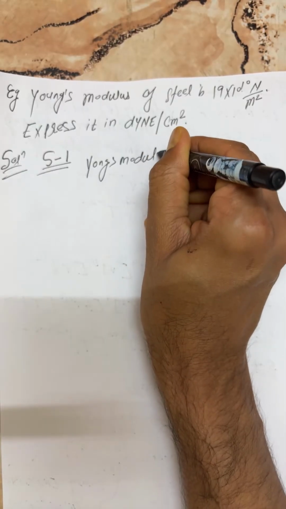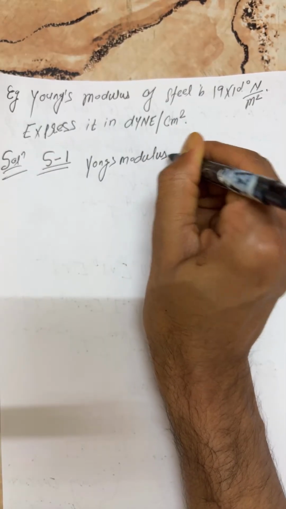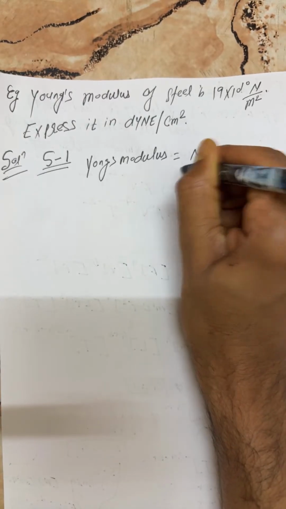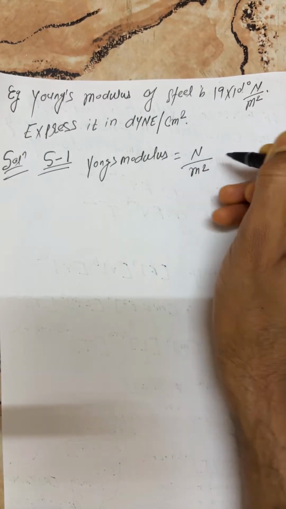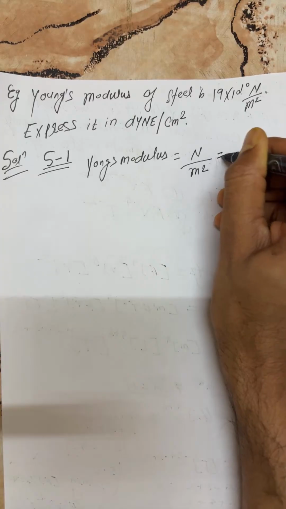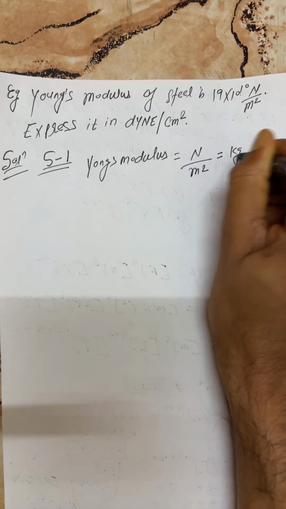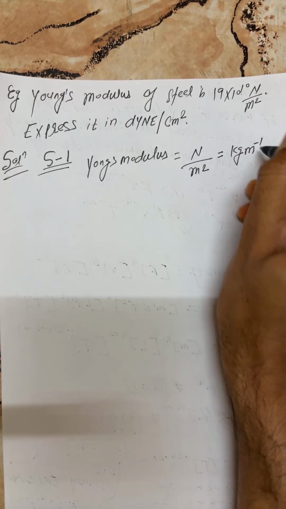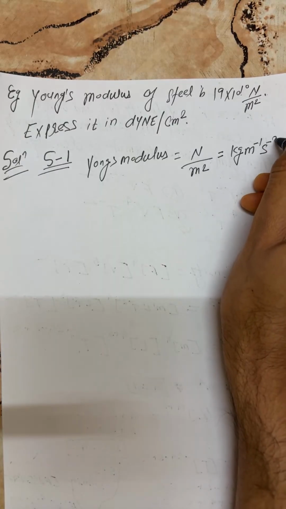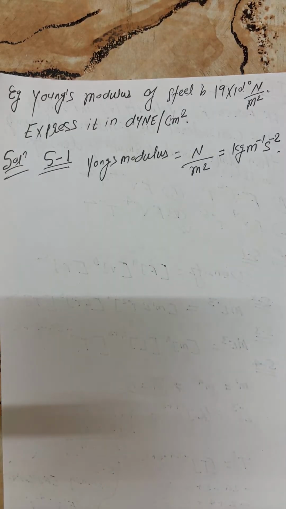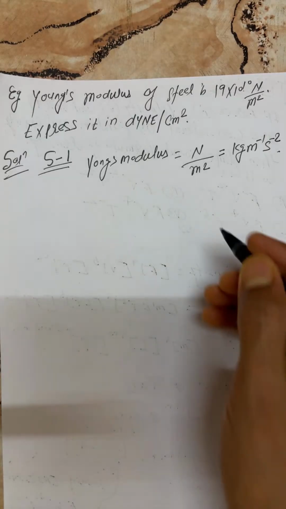This is Young's modulus. I'm just writing the unit here, not the magnitude: Newton per meter square, or you can say kilogram meter to the power minus 1 second to the power minus 2. Okay, step 1 done.